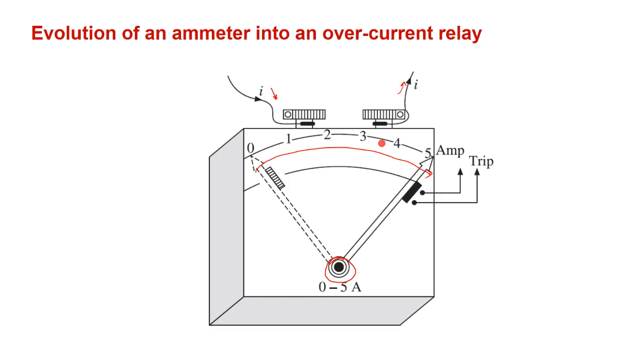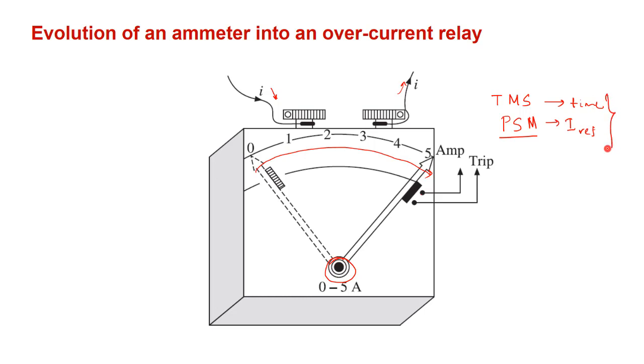One is the time dial, where we make the TMS setting, time multiplier setting. Another is the PSM setting, plug setting multiplier, where we set the reference current.